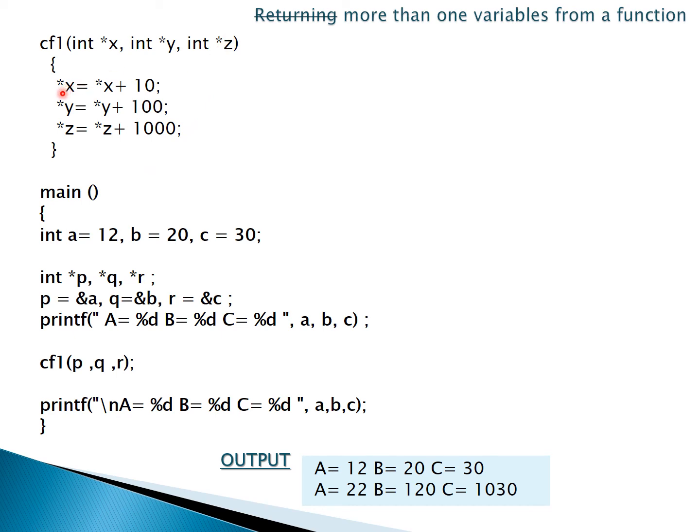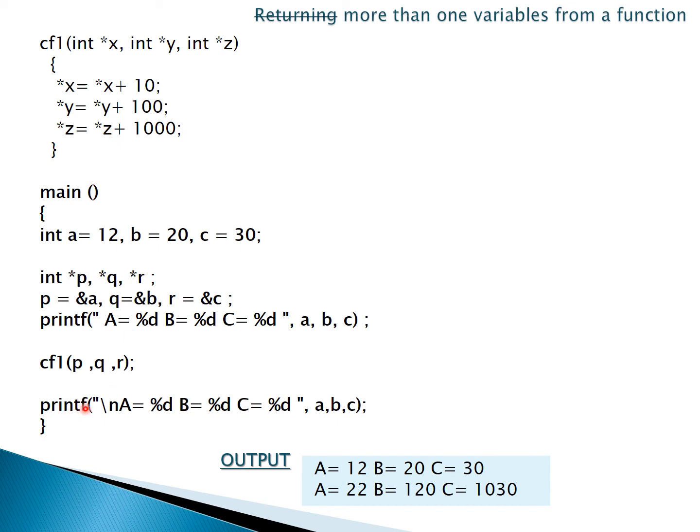So the dereference operator, or the contents of X, or the variable which is pointed by this pointer, will be incremented by 10. 100 will be added to the variable which is dereferenced by this pointer, and 1000 will be added to the contents of the variable which is referenced by the Z pointer.